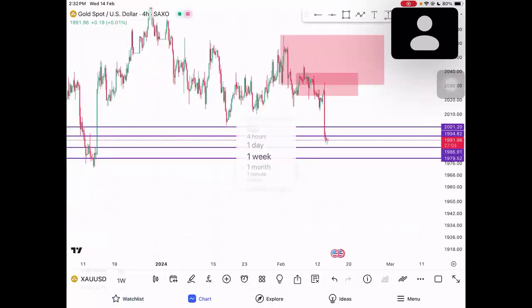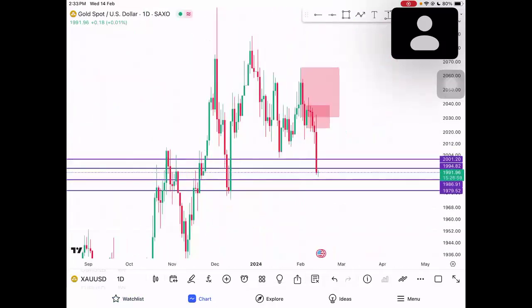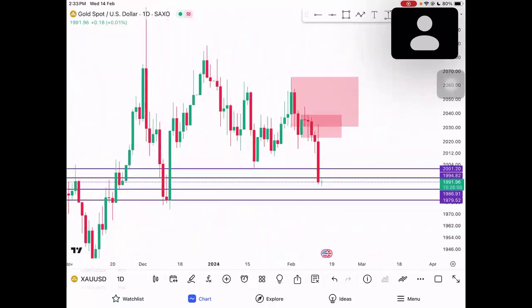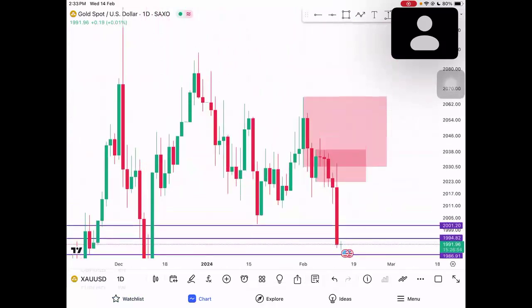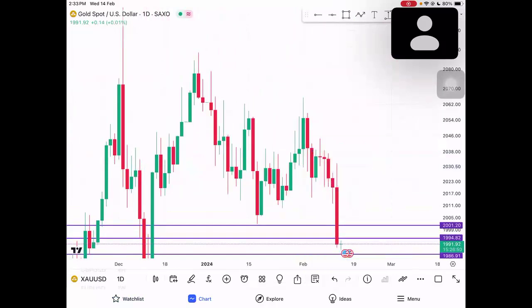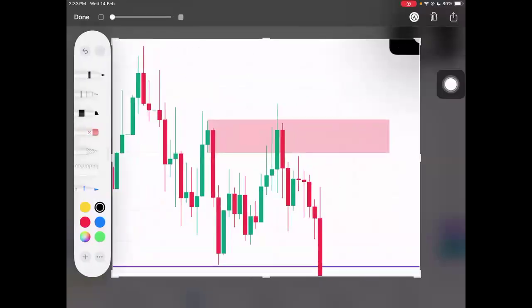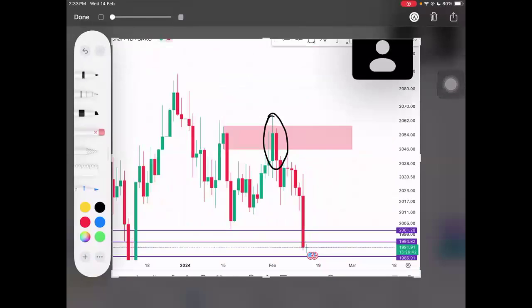Let's say you wait for daily setup. This one is EG daily. So you need to wait for it to perform. How long are you going to wait?